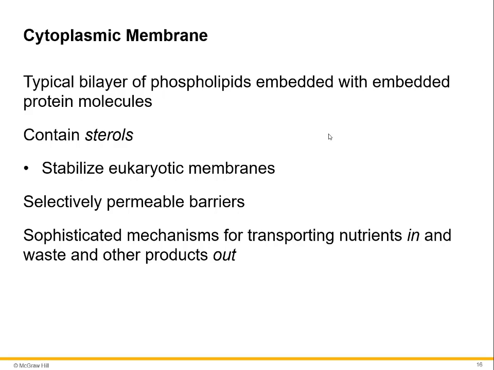Otherwise, it would be just about the consistency of olive oil. So very much the proteins and the sterols help to stabilize the membrane. And it's a selectively permeable barrier. So its function is to transport substances in, nutrients in particular that are needed by the cell, and to transport waste products out and other products that the cell may be producing.